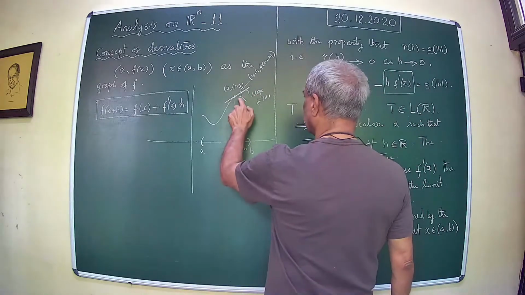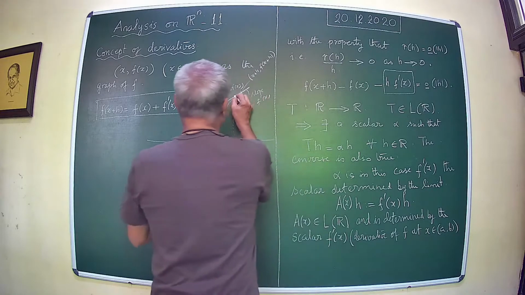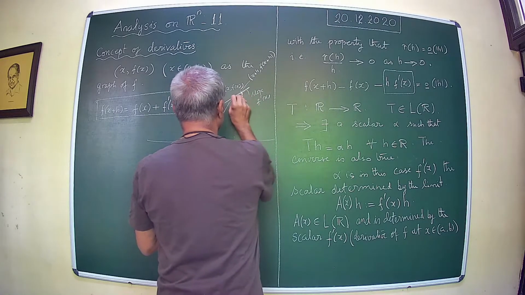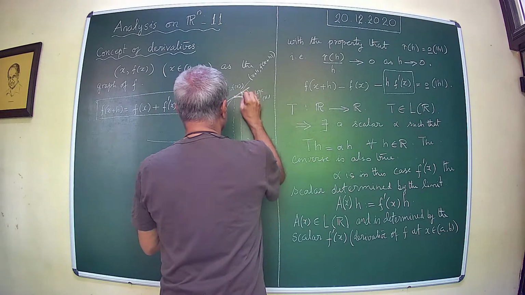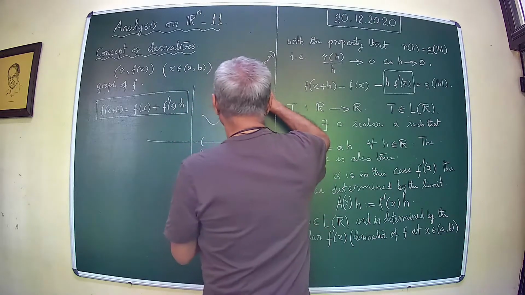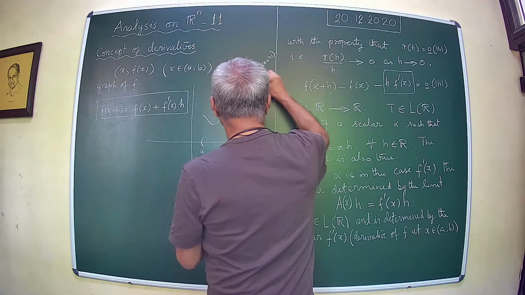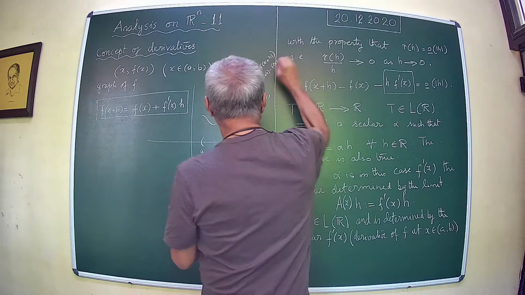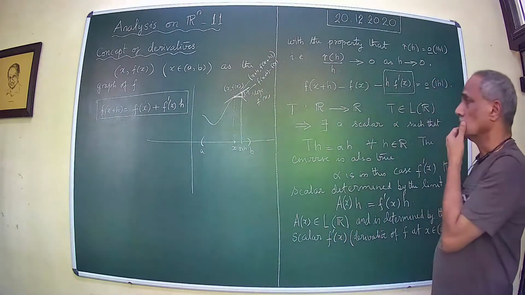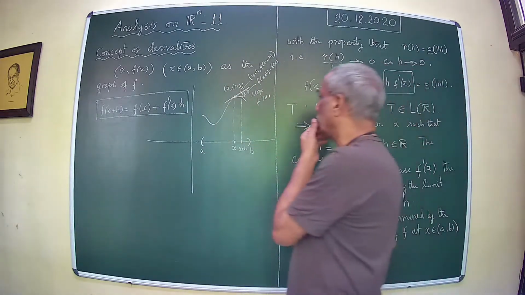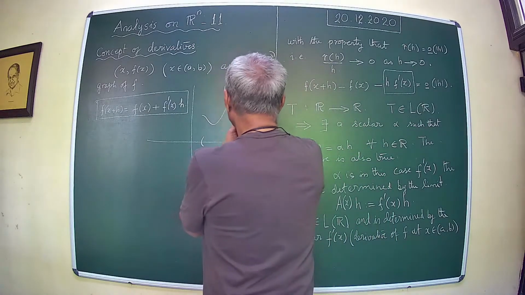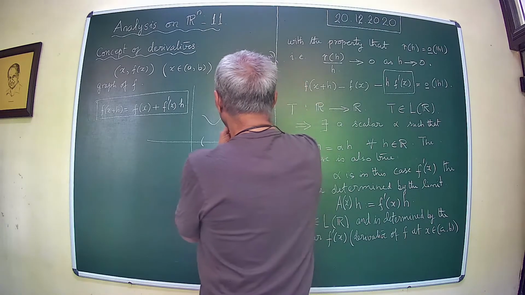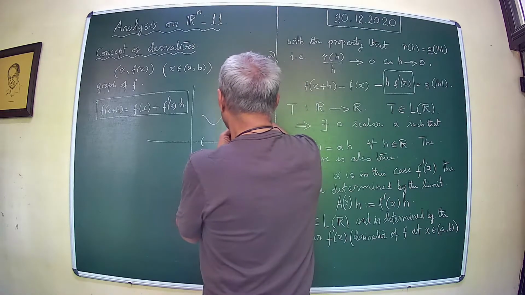What you are saying is that f of x plus h minus f of x, that means this height, this is what you call f of x. So what you are saying is the following. See that f of x plus h minus f of x is m times h, where m is the slope of this line.